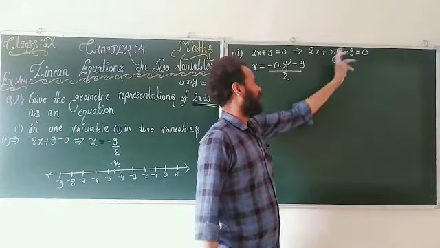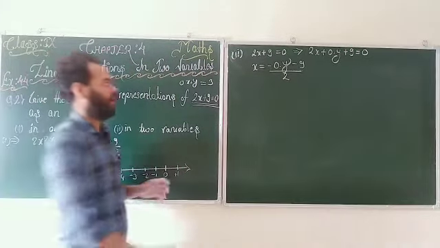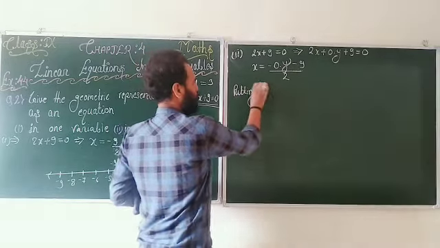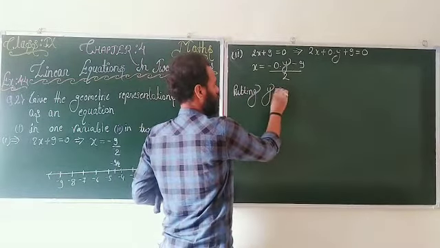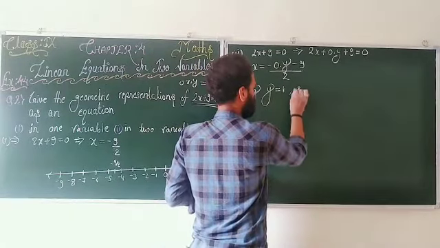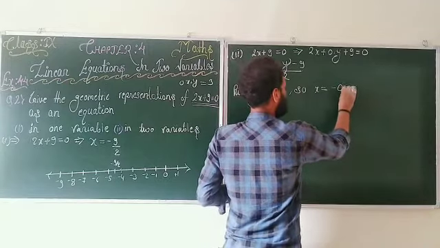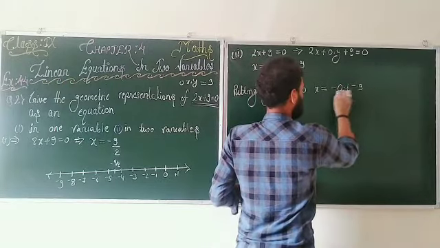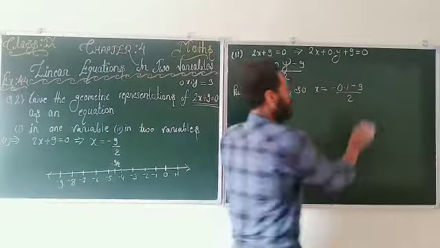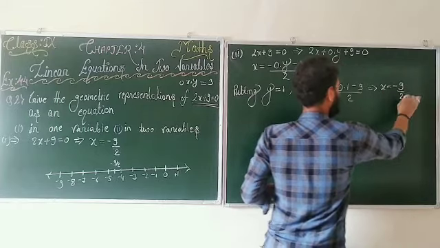When it goes to the RHS side, y becomes negative, 9 becomes negative, and 2 goes into the denominator. And when we put y is equal to 1, we get x equal to minus 0 into 1 minus 9 upon 2. So 0 into 1 is 0, and x equals minus 9 upon 2.